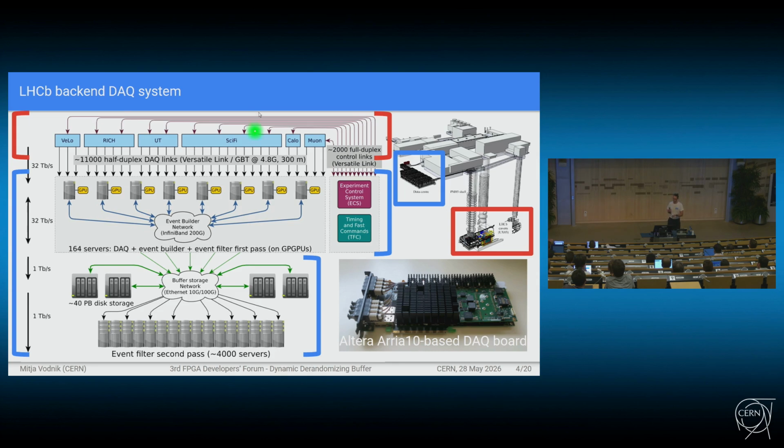So this requires a fast network, and then all this data gets buffered and is used for event reconstruction. The main point here is that on the reception side in the data center, we have these readout boards that are based on Altera Arria 10 FPGAs.